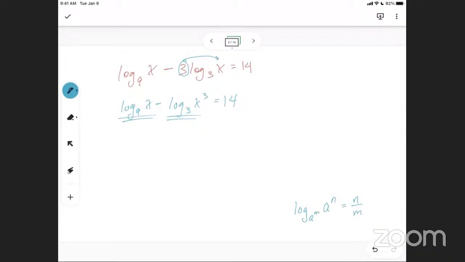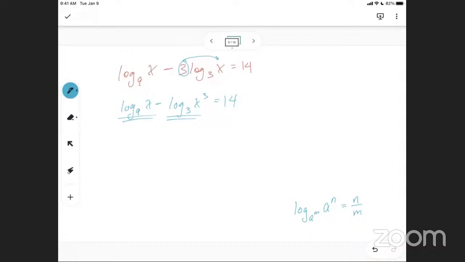Let me see. Change of base, maybe. I could do change of base.